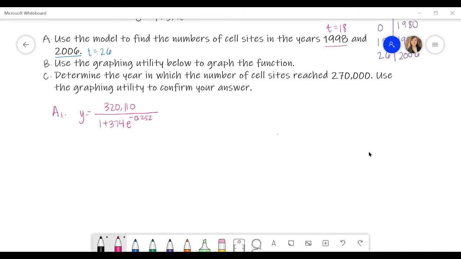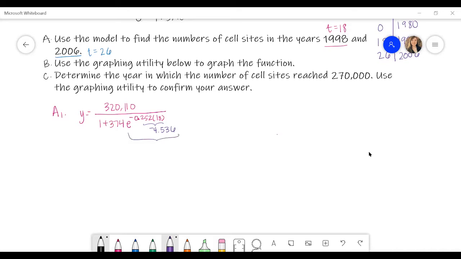Now, instead of t, remember, I'm going to put an 18 here. Just like many of the questions we've seen in this section, a lot of this comes down to simplifying. So I need negative 0.252 times 18. This portion is going to be negative 4.536.